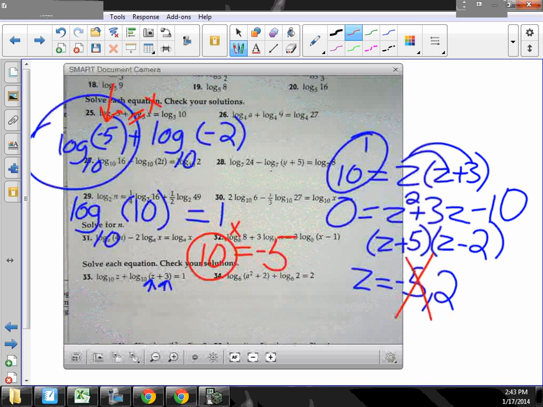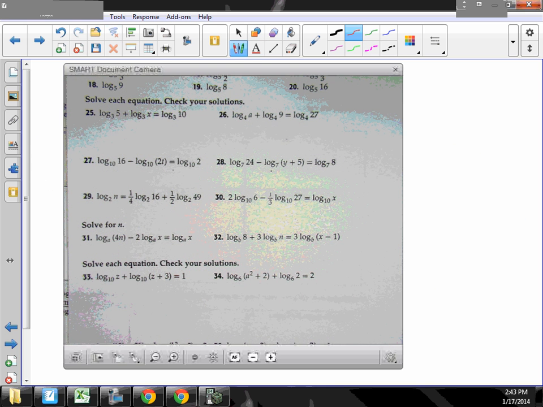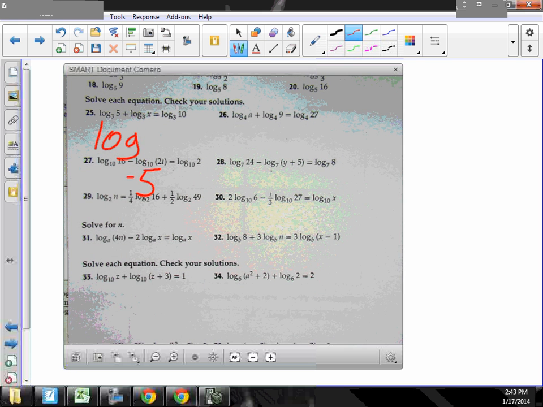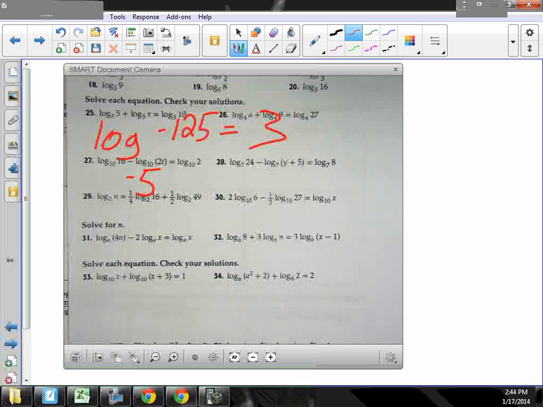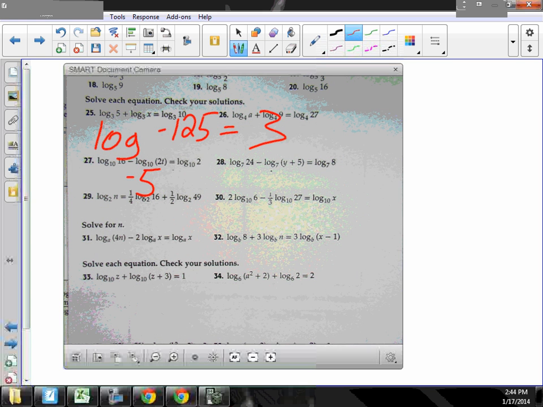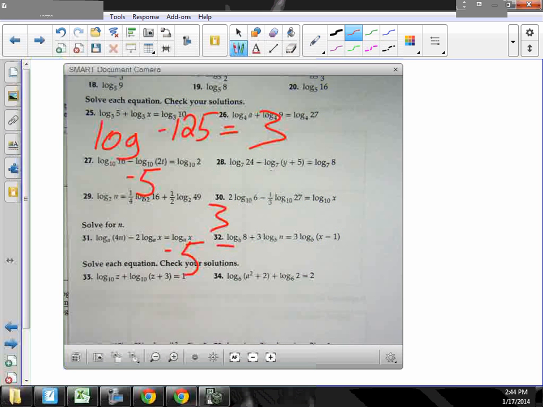So you're saying, could we have log base -5 of -125 equals 3? So that does translate into -5 to the third equals -125.